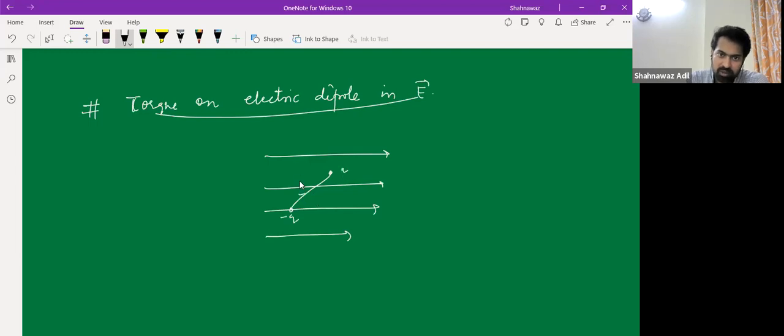This is the direction of the dipole moment, right? So the torque is equal to how much, Aisha? P cross E. So this would be simply P cross E, and if you are writing the magnitude, this would be P E sin theta.